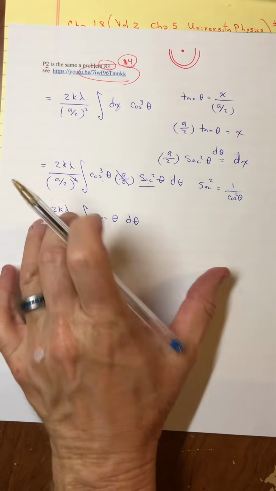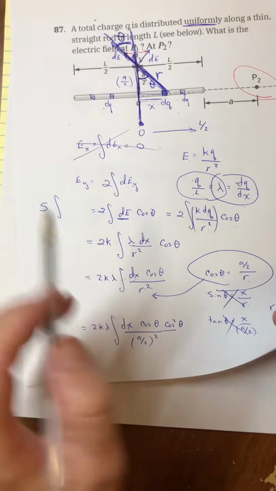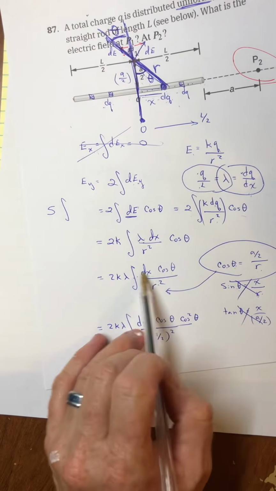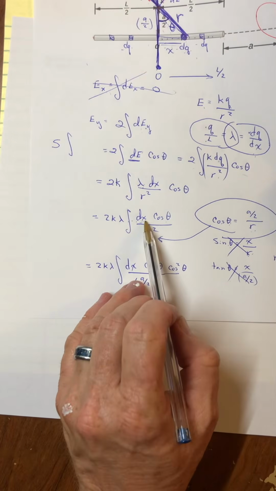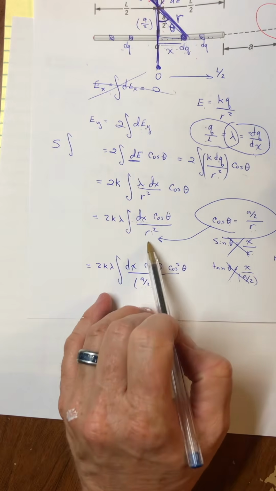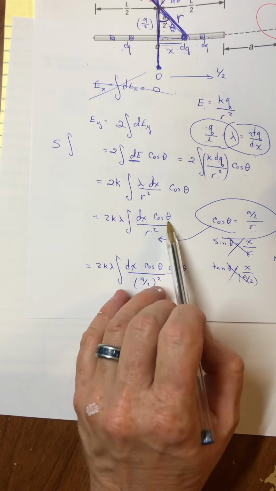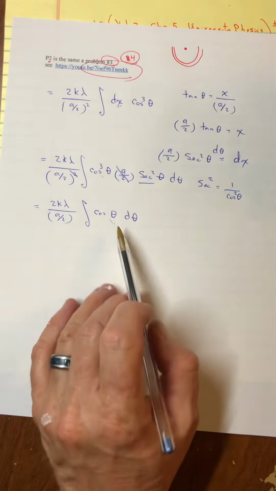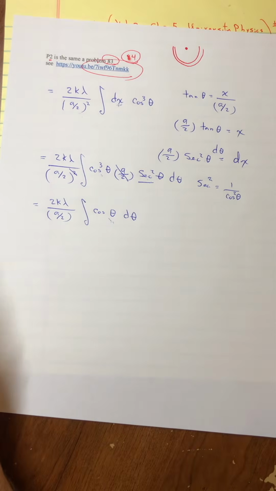Okay, now, wow. This is why I said, if you've done these before, you know now why we back here, we look at these variables and we go, okay, which is the best one to do? Is it best to change everything into an x or everything into a theta or everything into an r? And so with some experience, you begin to see that it's best to do a theta for something like this, and this is why. It actually just fell down into one of what we call our trig substitutions for our calculus here.